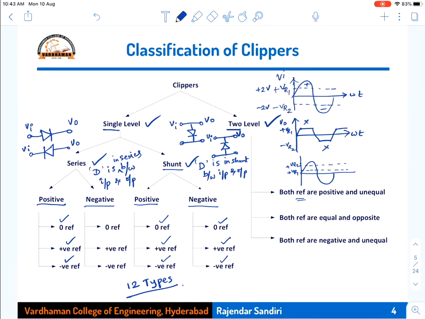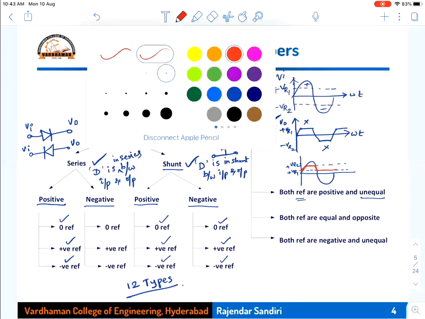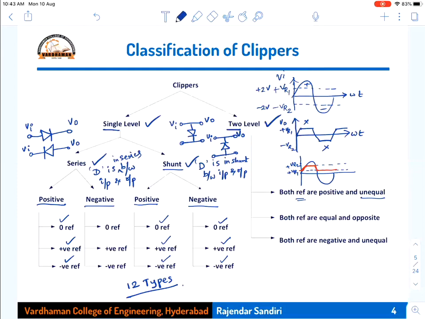Only the waveform between VR1 and VR2 will exist in the output. Under that case, you will get the output voltage between VR1 and VR2.